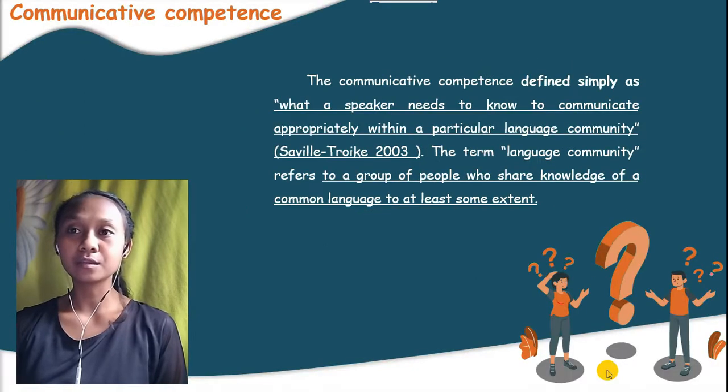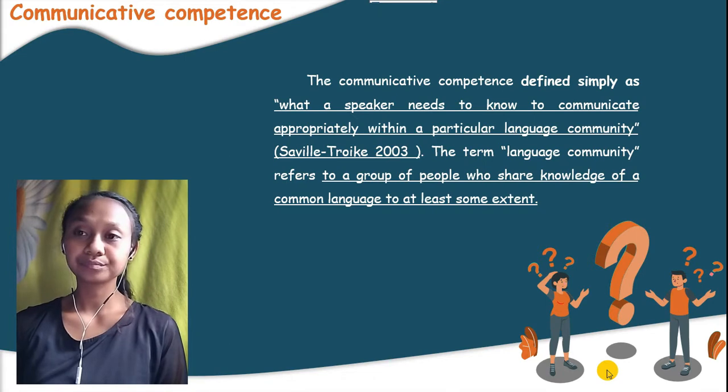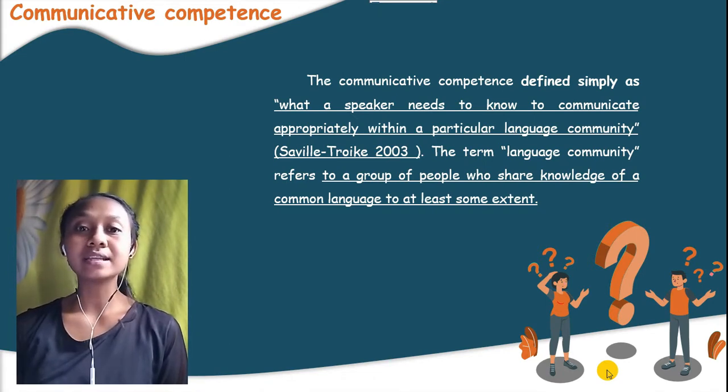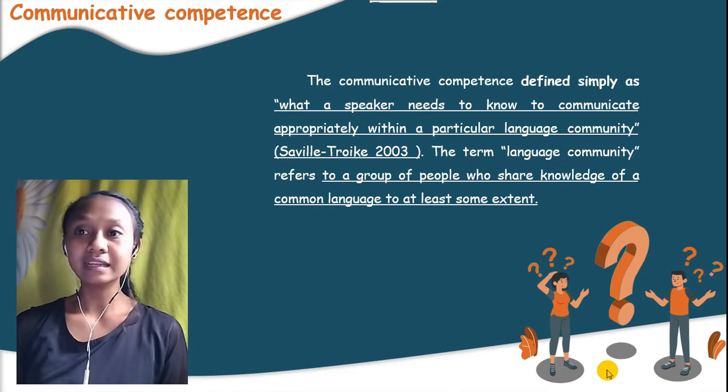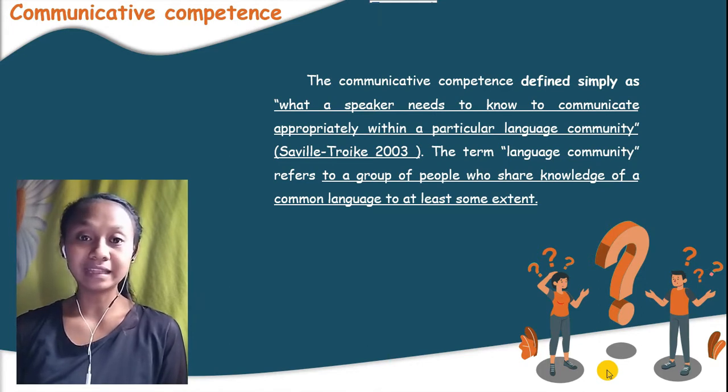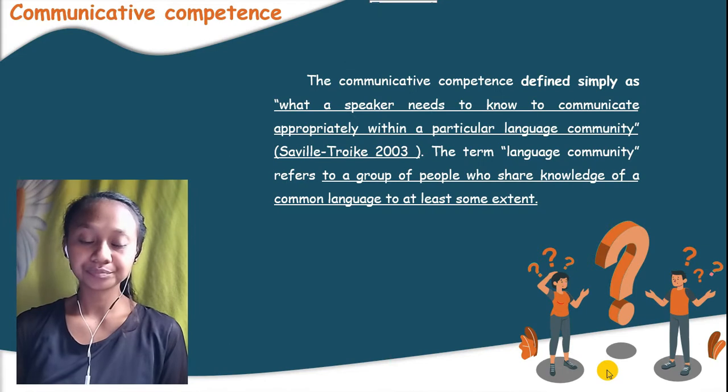Next, we will discuss communicative competence. Communicative competence is defined simply as what speakers need to know to communicate appropriately within a particular language community. The term language community refers to a group of people who share knowledge of a common language to at least some extent.